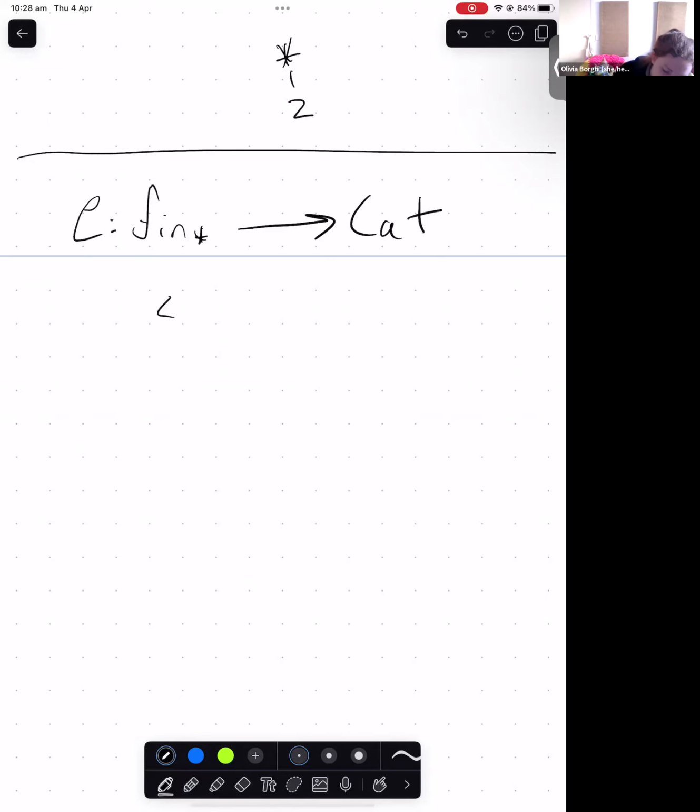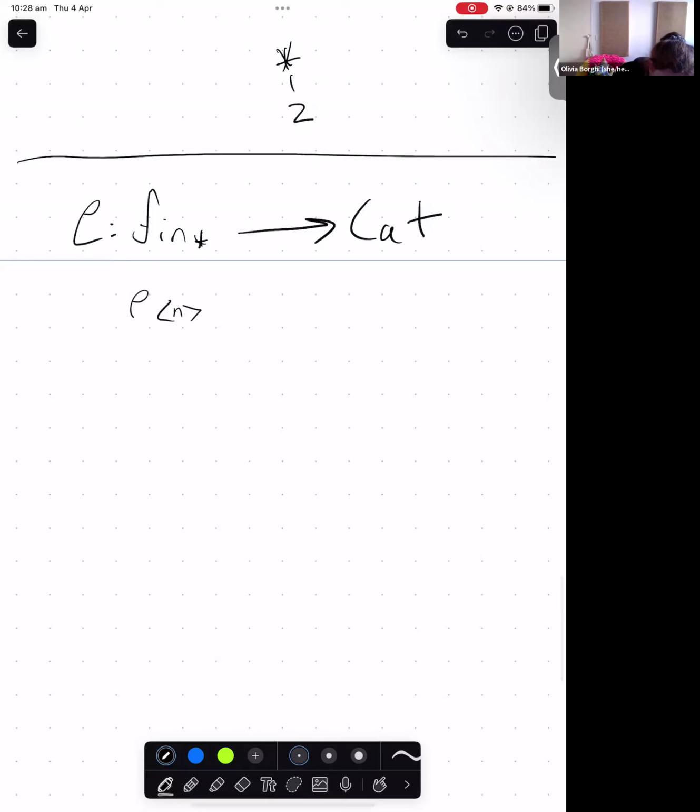Specifically, I want the image of n, so C of n, to be isomorphic to the image of 1 to the n, where that's just the Cartesian product of categories. So we're going to call this a Segal condition, and we'll say that this pseudo-functor is Segal.